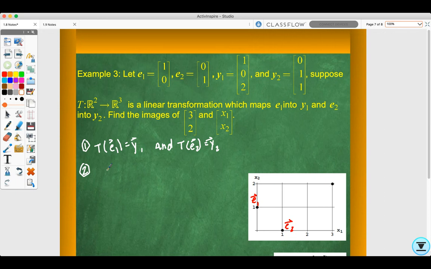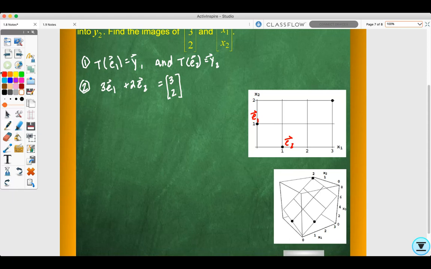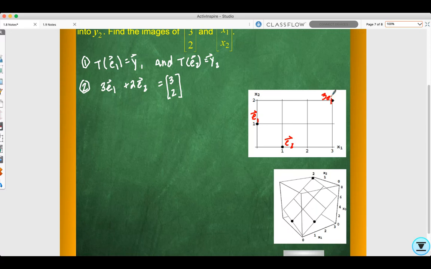Step 2, this 3e1 plus 2e2 would equal 3, 2. So that's step 2. And then step 3, if I look down here, this is 3e1 plus 2e2.